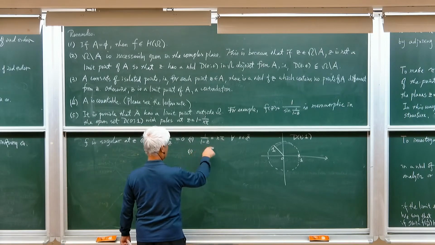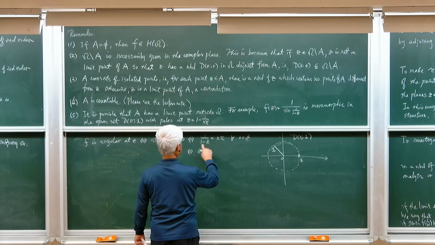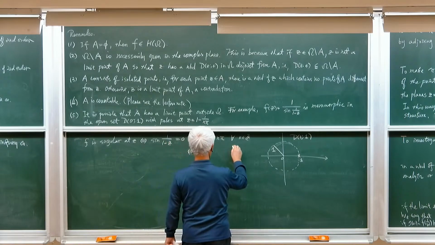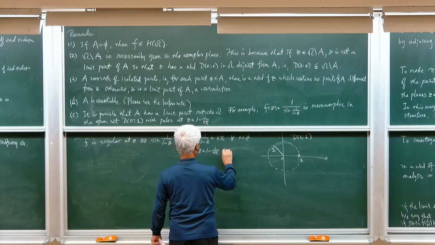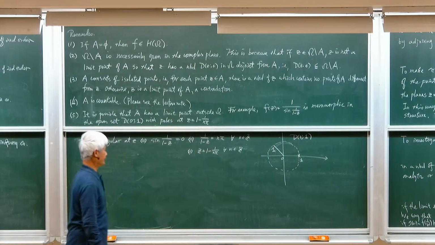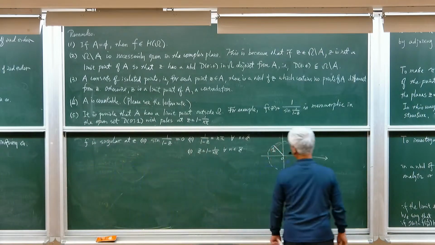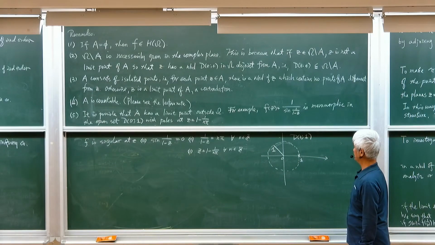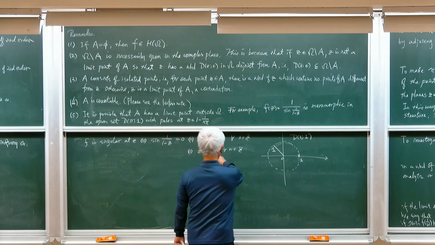And so which means that z is equal to 1 minus 1 over n pi.